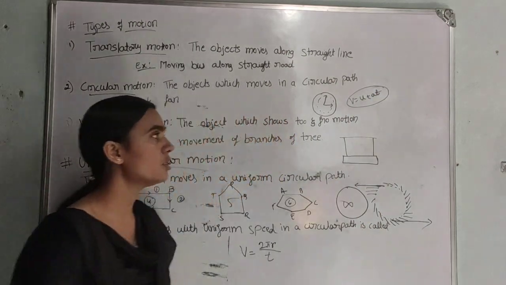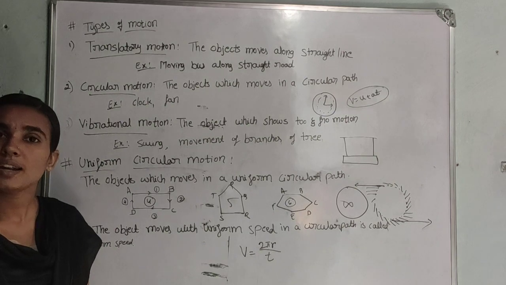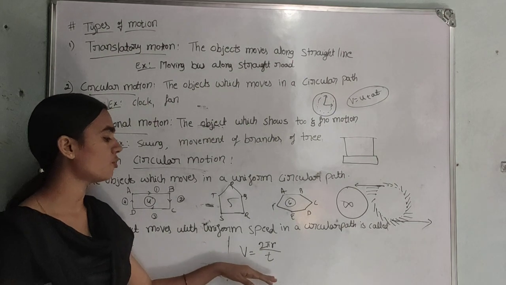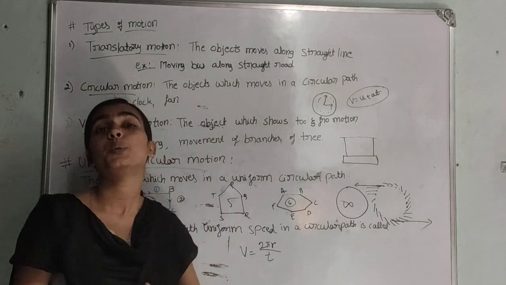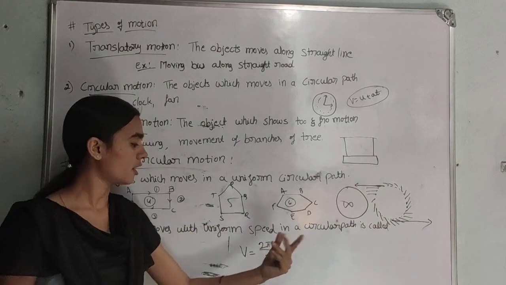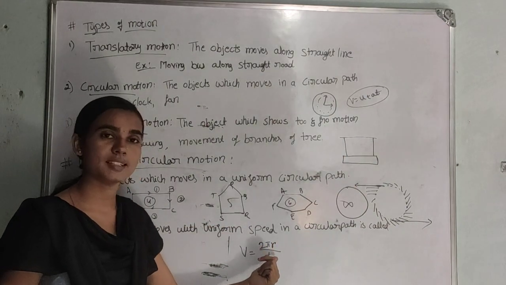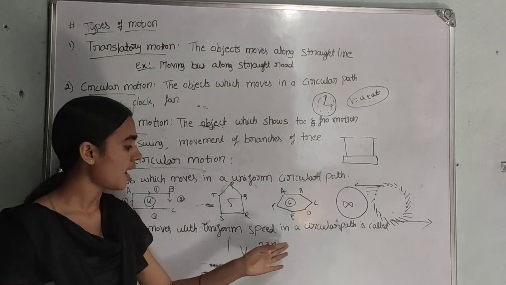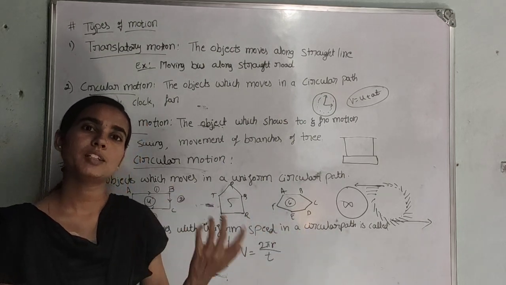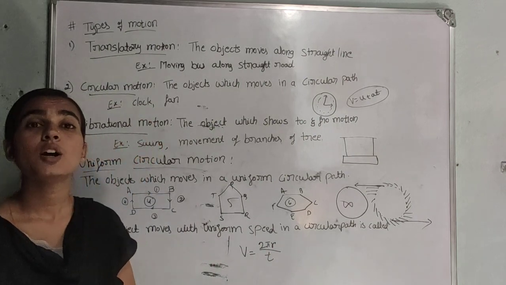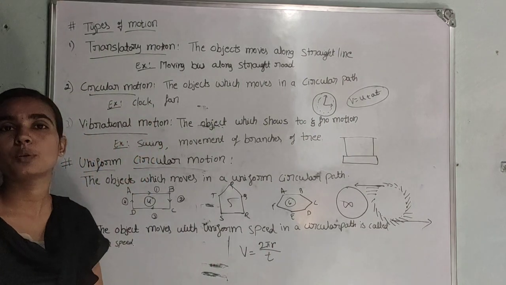If the objects are moving along a circular path, we use v equals 2 pi r by t, where 2 pi r is the circumference of a circle. We know the value of pi is 3.142, otherwise 22 by 7 we can substitute, and they will give r and t. By those given values we can calculate the velocity of a moving object in a circular path.